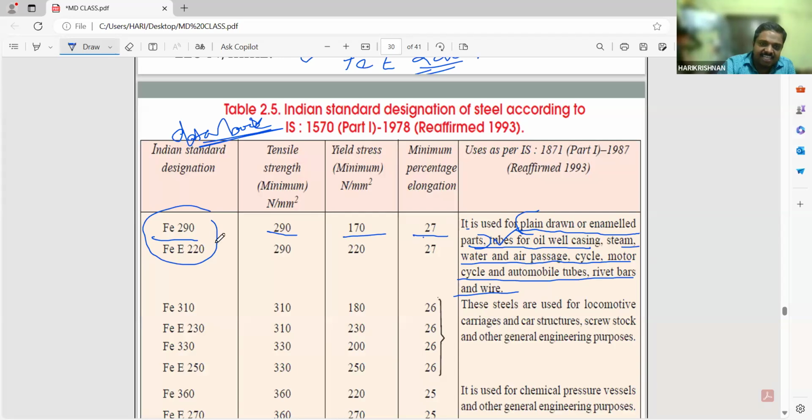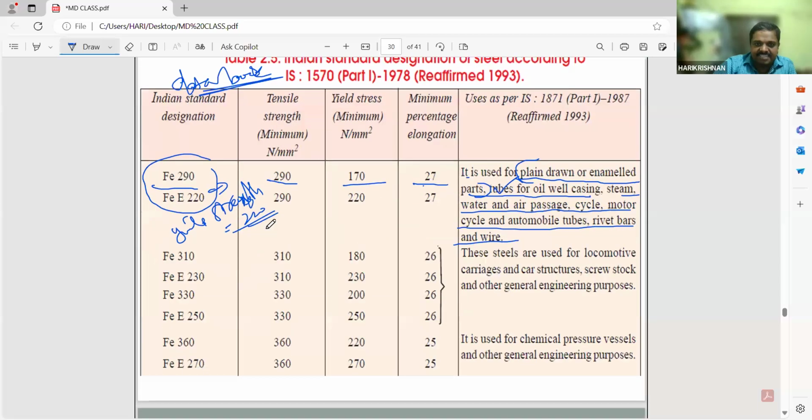Fe220. E is nothing but yield strength, so yield strength will be 220. There are other steels like this. Next is Fe310. 310 means the tensile strength will be 310 Newton per mm square. 230 means yield strength will be 230 Newton per mm square.